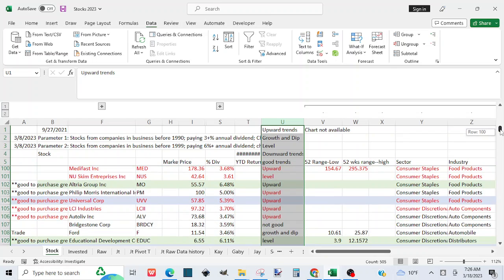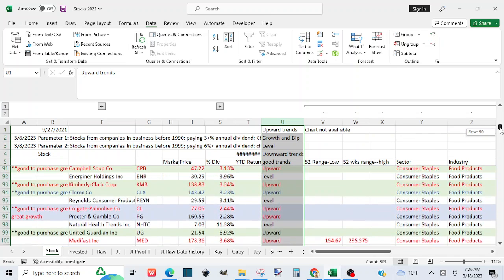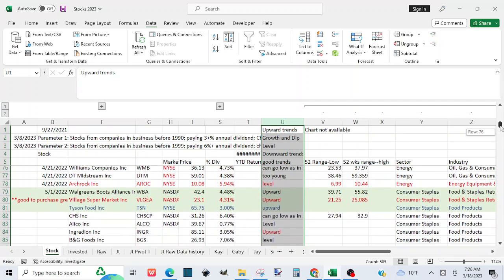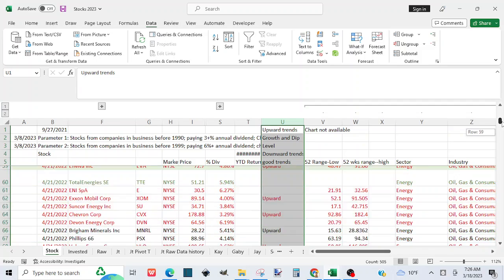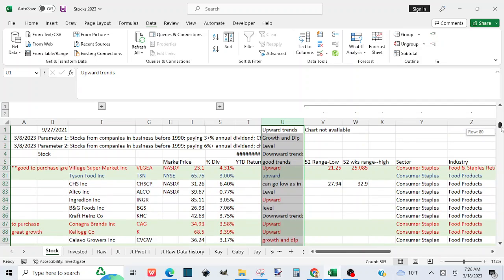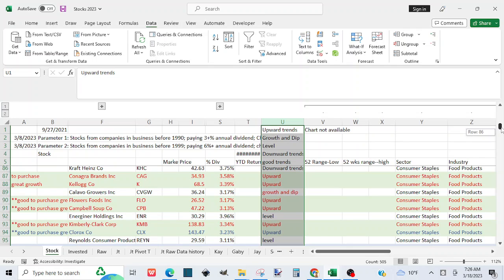And the ones you invest in, you can color or code them so that you know you have invested in those already, and so forth. Does that make sense? And when you have gone through the list of the upward ones that you have, then you can pick some of the growth and dip ones and go through them.